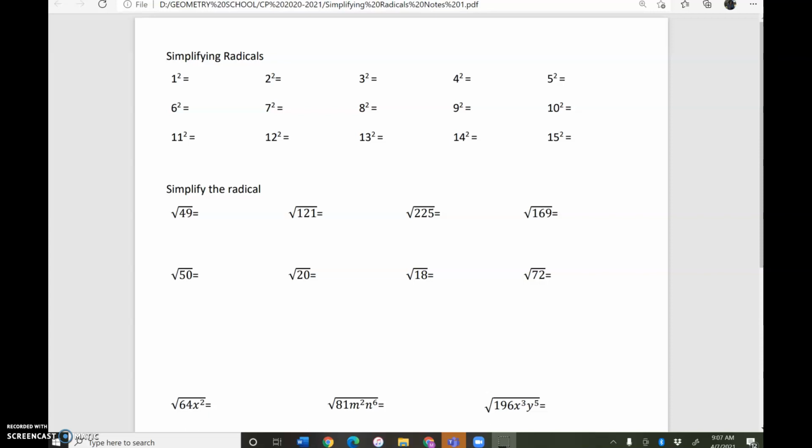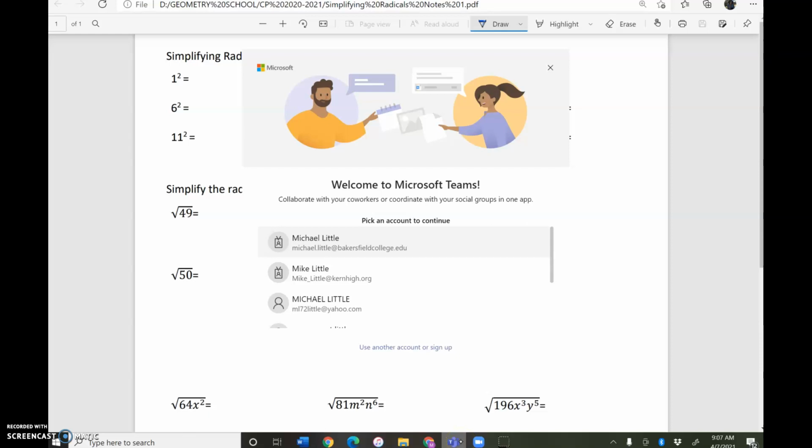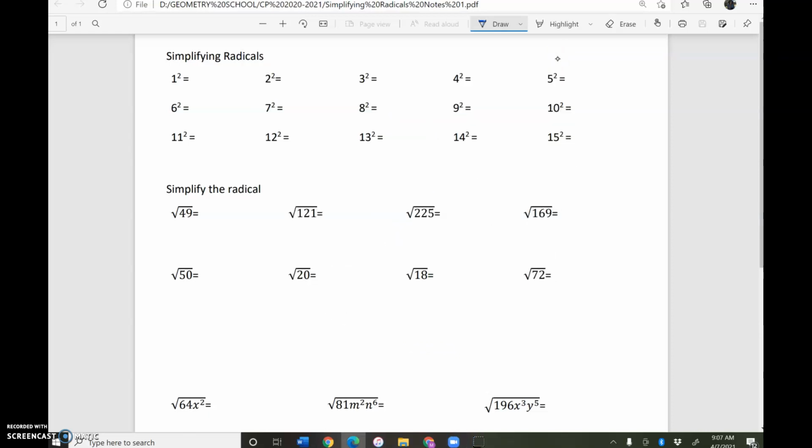Powers of 2. To the second power. So 1 to the second power is the same thing as 1 times 1, which equals 1. We know 2 squared is 2 times 2, which equals 4. All right.